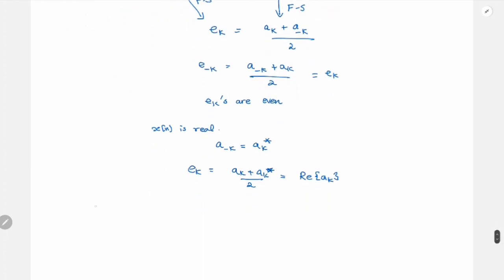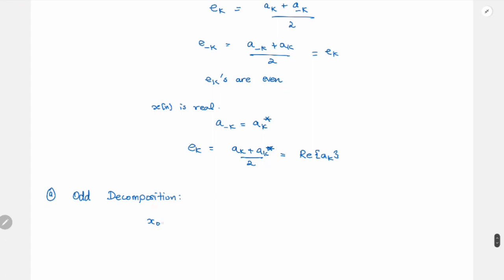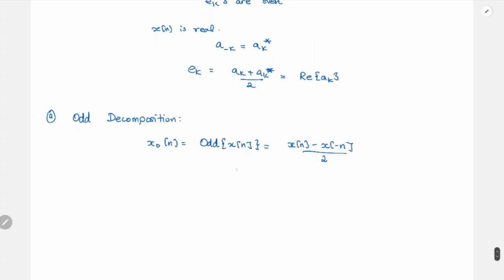So similarly, the odd decomposition. So in the odd decomposition, what do you have? xo of n equal to the odd part of x of n, which is nothing but x of n minus x of minus n by 2. So now the Fourier series of this will be a_k minus a_minus k by 2.